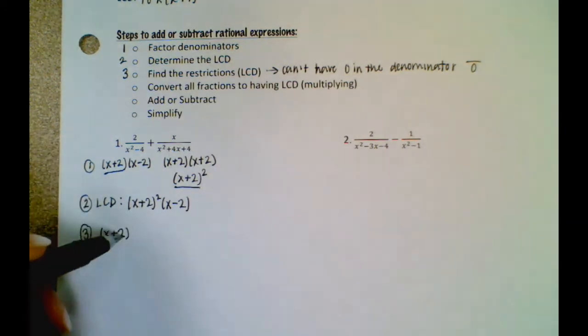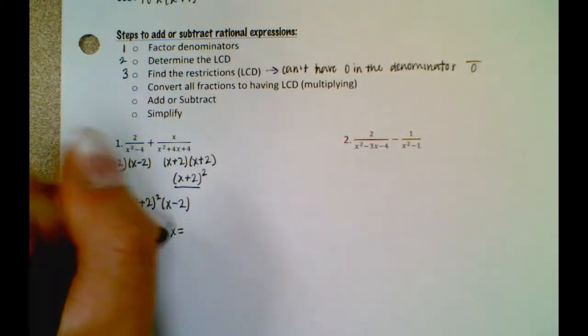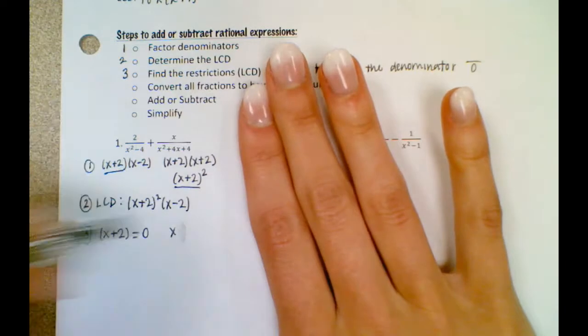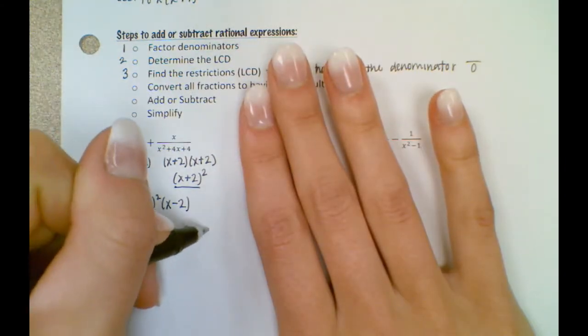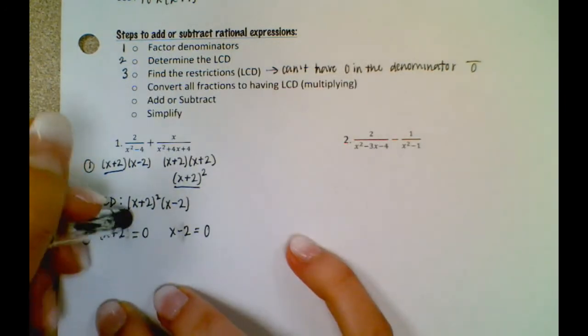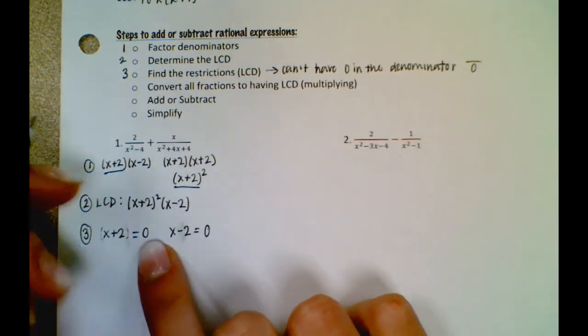Now, you only have to write this one time, even though it occurs twice, because it will be accounted for already by doing it one time. So you don't really need the parentheses. And you're going to solve for x. To move this 2 to the other side, I'm going to subtract 2.